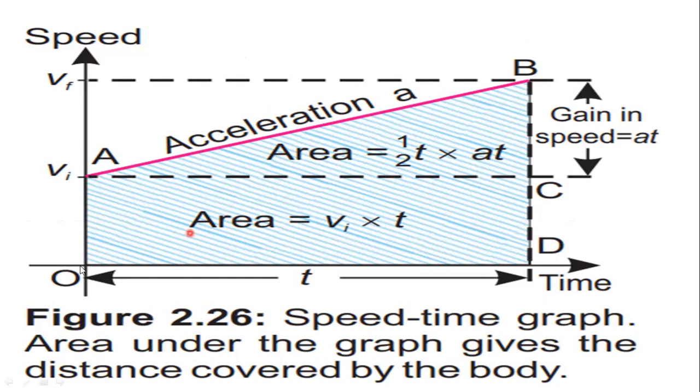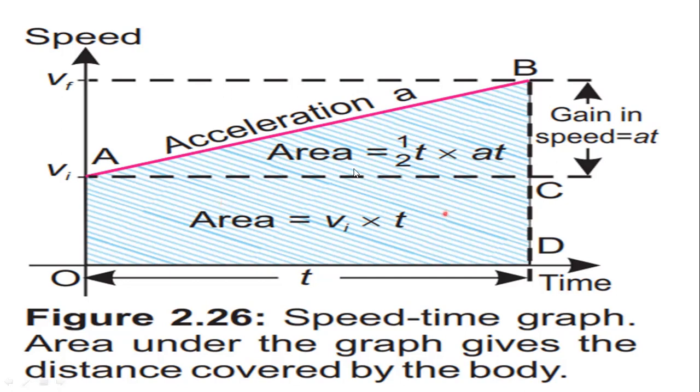So this total area OABD has one triangular part and one rectangular part.